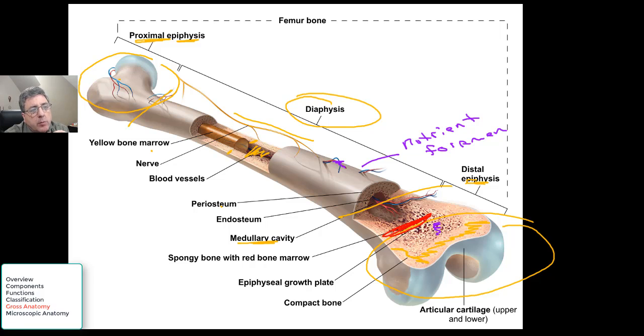Typically, you're going to just have one blood vessel, an artery, a vein that enters and leaves the bone, and then you're going to have the nerve that follows it as well. The nerve supply that goes to the bone is typically just sensory. There's not a lot of motor function associated within the bone itself, and it just signals the body for injuries to your skeletal system. Okay, so this is your basic layout of your bone on this one, and then we're going to be going into the microscopic components.